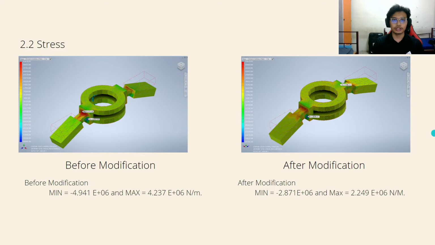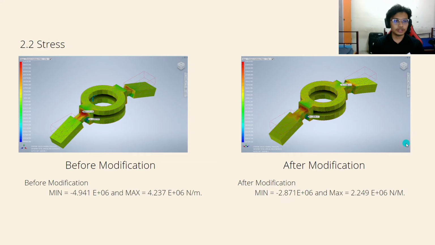So next slide, which is stress. For before modification, we get minimum -4.941 exponent 0.1 and maximum is equal to 4.237 exponent 0.6. So after modification, minimum is equal to -2.7871 exponent 0.6 and maximum is equal to 2.249 exponent 0.6.